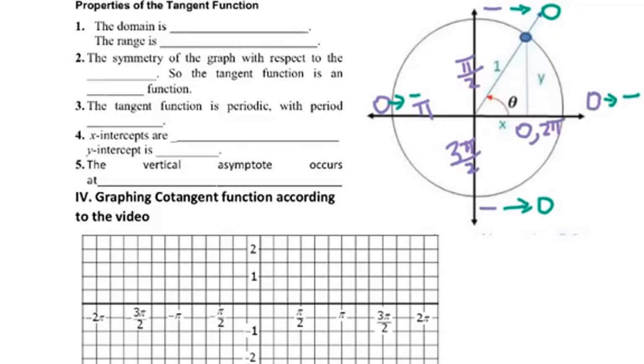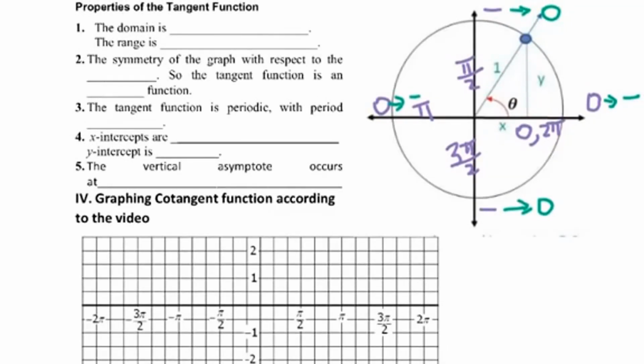So the green one will be the cotangent function. And plot these points, you will get 0 undefined. So that's how you draw a vertical line. Then pi is undefined. So keep going, 2 pi is undefined.